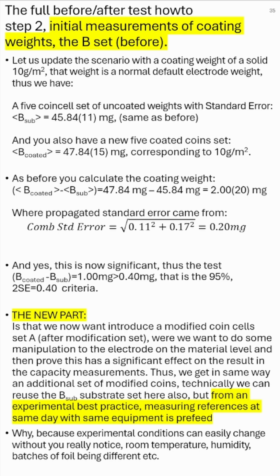When I now do modifications of the coated coins with a new electrode slurry, why can't I just reuse that number? I mean, shall I take 5 new uncoated coins?